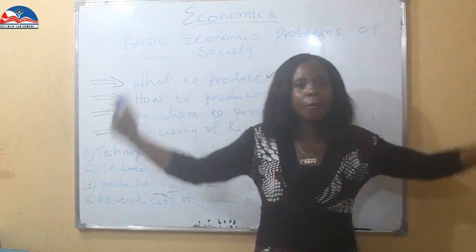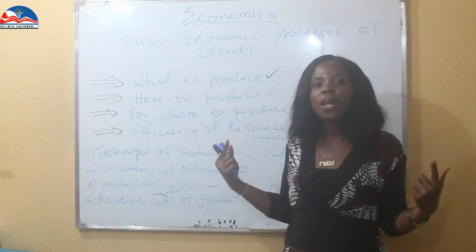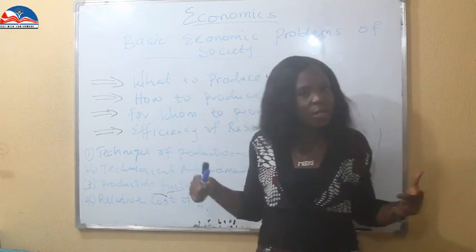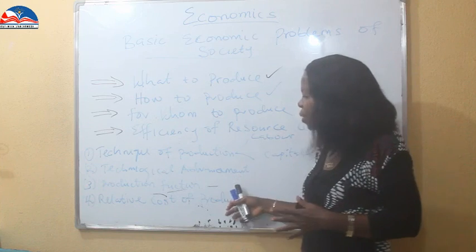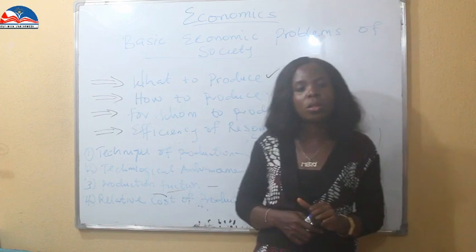And when multiplied over the number of production that is required in the market, are we going to break even? Are we going to make profit? Are we going to stay in business? That's another thing.